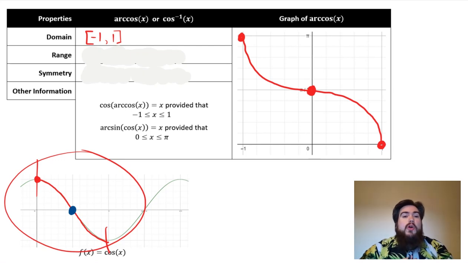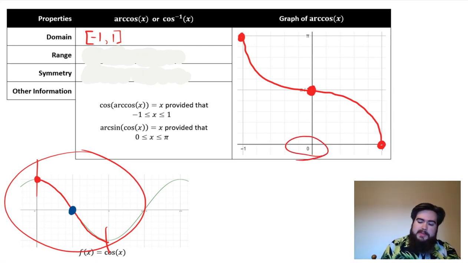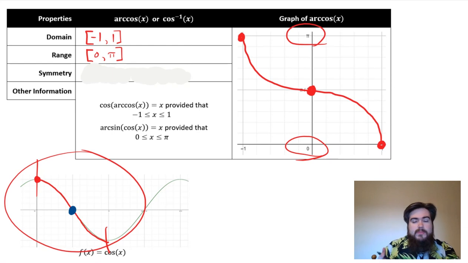The range for arc sine was -pi halves to pi halves, or angle measures in quadrant 1 and 4 of the unit circle. For arc cosine, our range is from 0 up to pi, which means arc cosine will output an angle measure in either quadrant 1 or 2 of the unit circle. Very important to realize that.